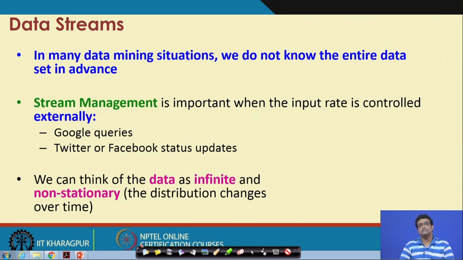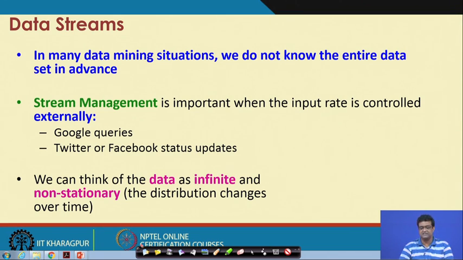From the point of view of Google, the queries arrive at the Google servers in a stream. There could be algorithms which are trying to find out the most frequently searched query. Then this algorithm has to operate in the stream processing setting.